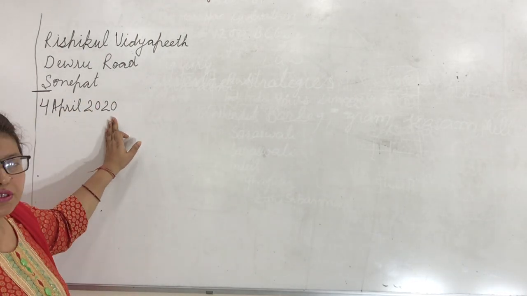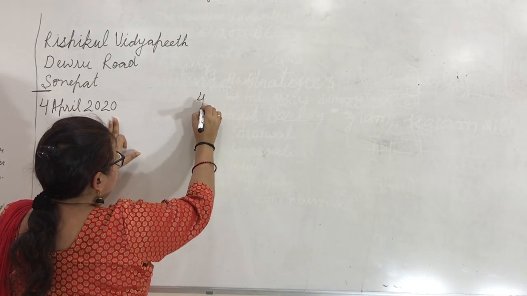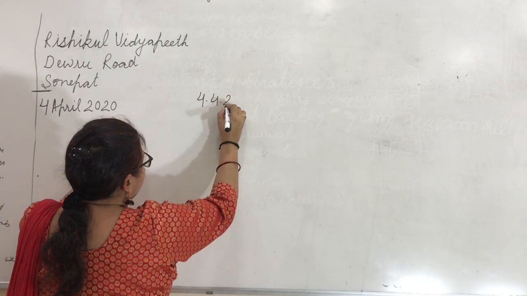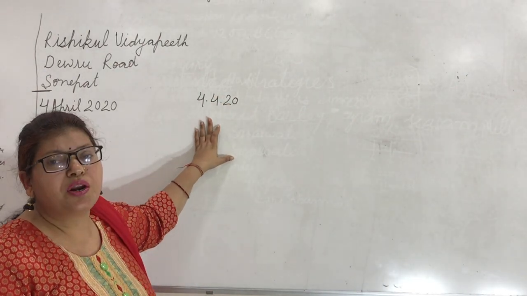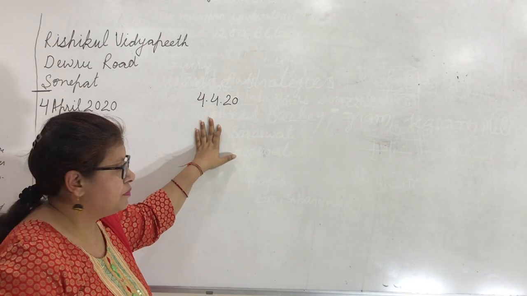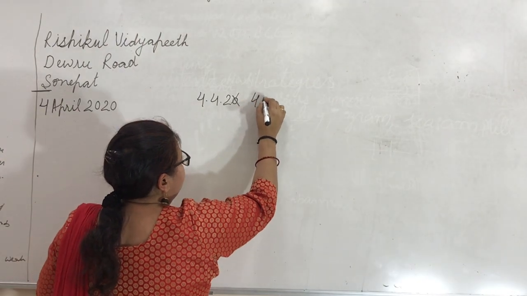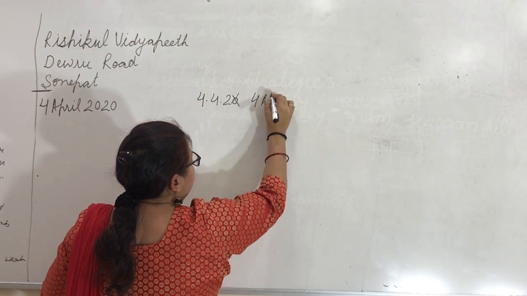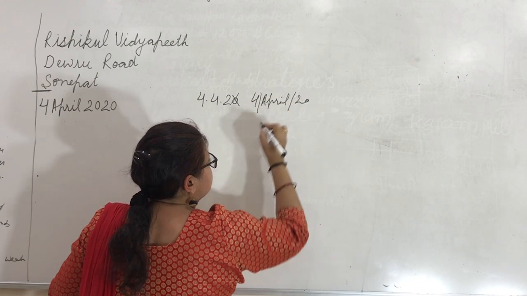Dear children, sometimes we write date like 4/4/20. Though it's correct, you are not supposed to follow this kind of format while writing date. Sometimes we write 4 April like this.